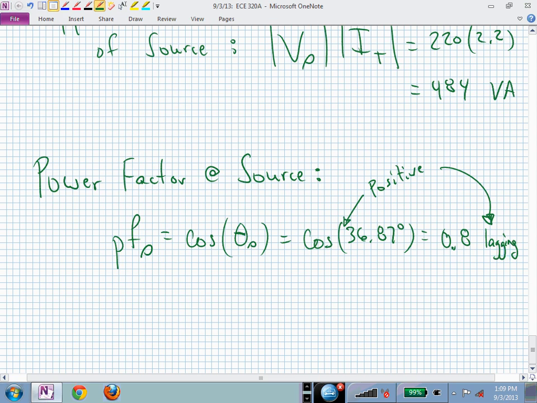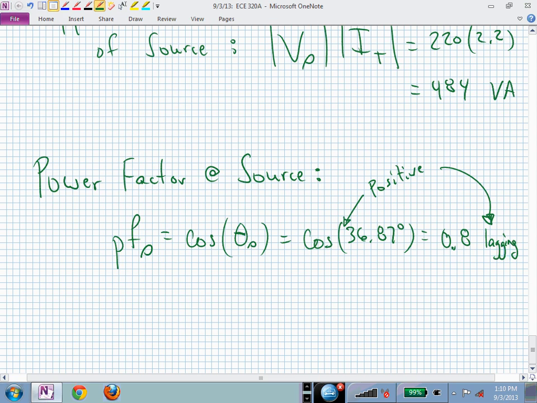Questions on this example? Yes. Well, the power factor itself, I think the question was, can you tell whether it's leading or lagging by just the magnitude of the power factor number?